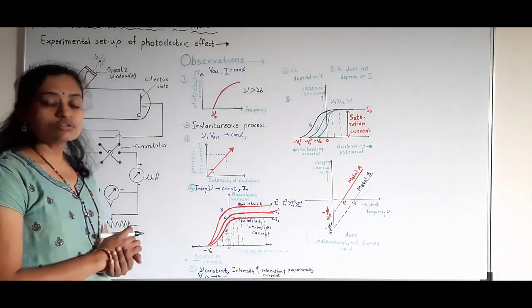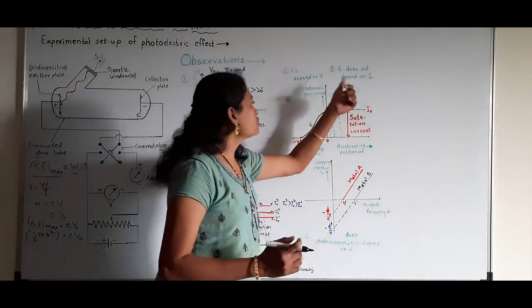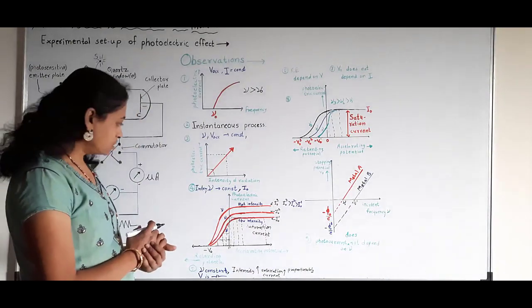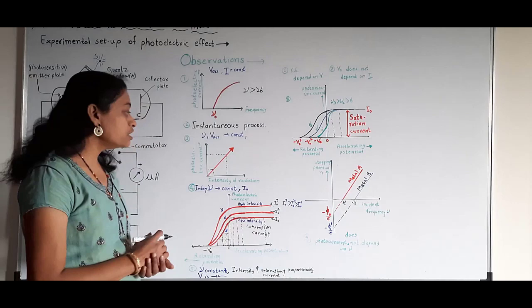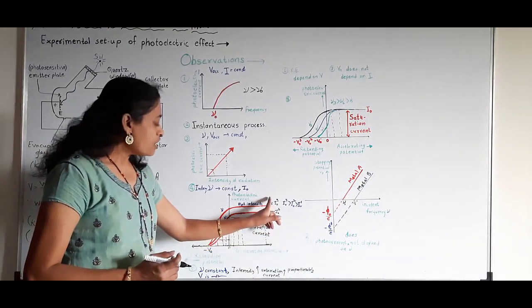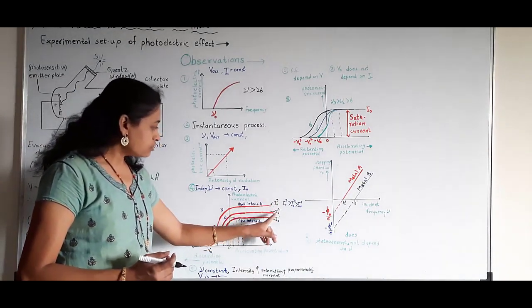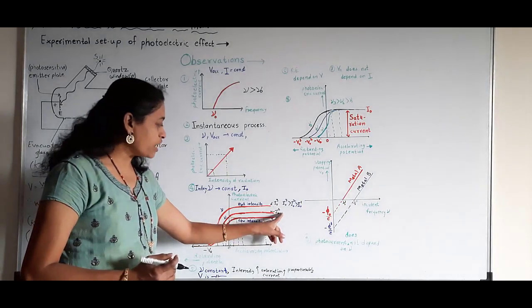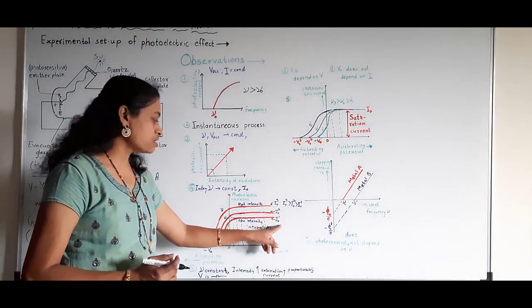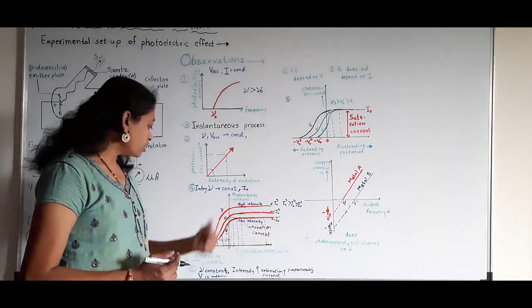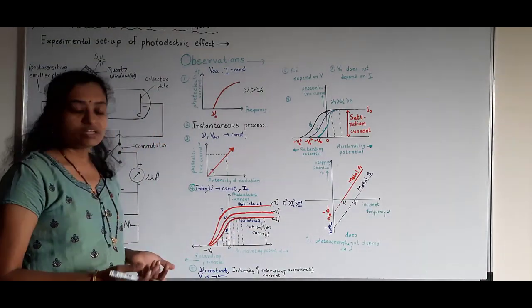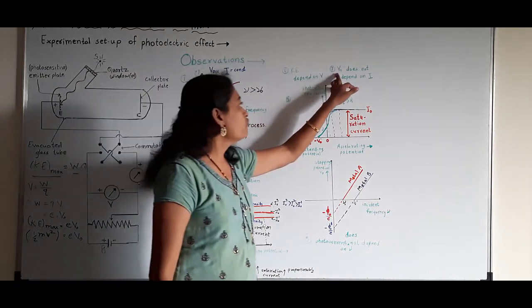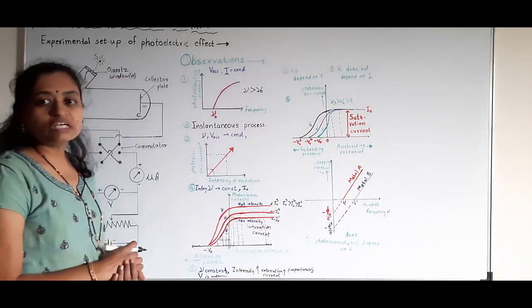We can also conclude that V naught does not depend upon the intensity, because here I naught 3 is greater than I naught 2, and it is greater than I naught 1. And for the different intensities, V naught is the same. Therefore, V naught does not depend upon the intensity.